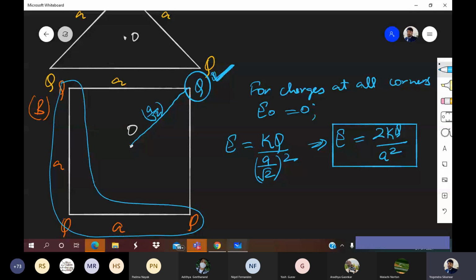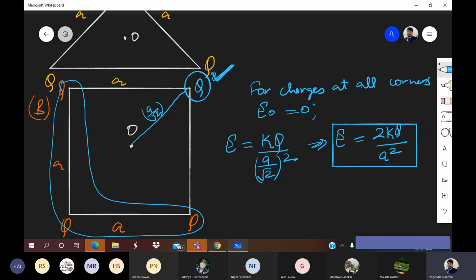If all four charges are present, then electric field at O will be 0, right? That means this alone charge which we have kept just now has created electric field equal and opposite to the three charges which are already present.